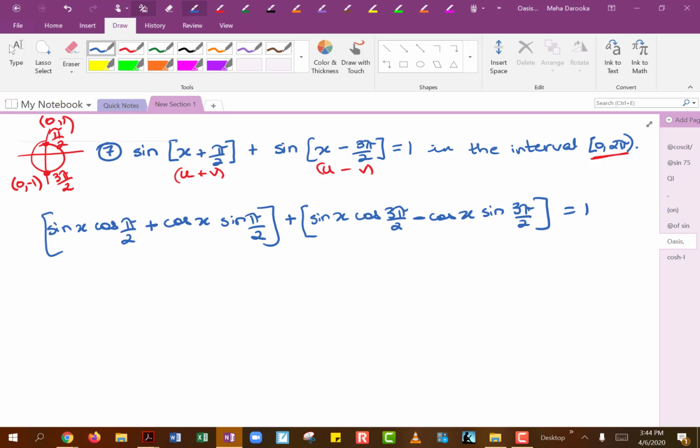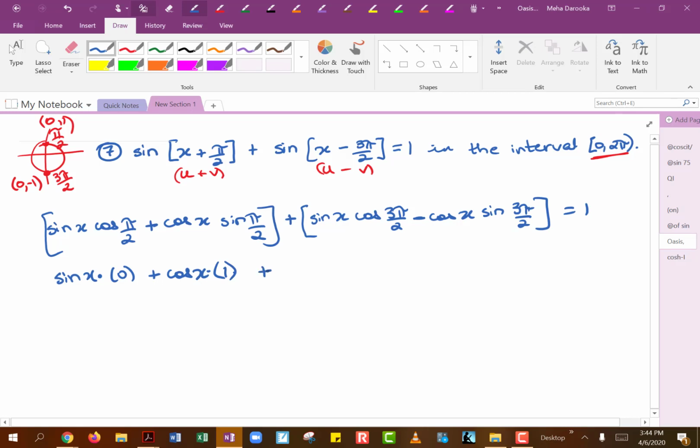So when we write these, you will end up getting sine of x, and then cosine of pi halves is going to be 0, plus cosine of x, and sine of pi halves will be positive 1.